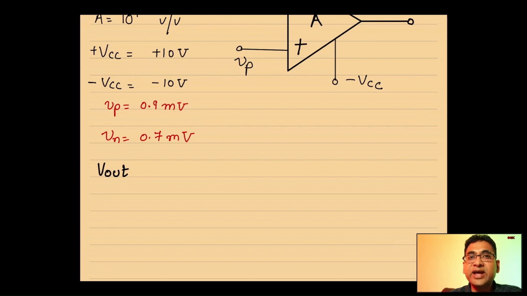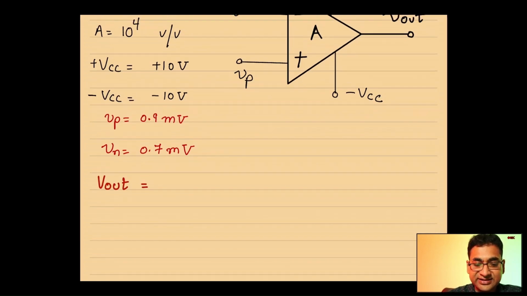Let's write all of this in red. V output is going to be A, which is 10 to the 4, multiplied by VP 0.9 millivolts minus 0.7 millivolts.